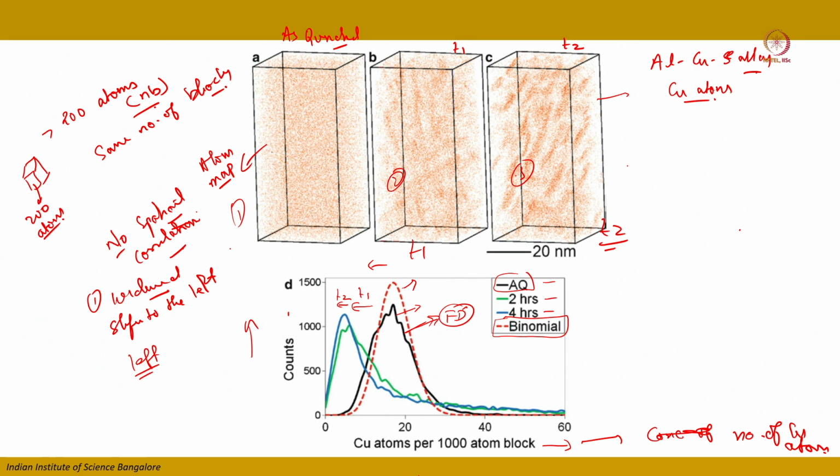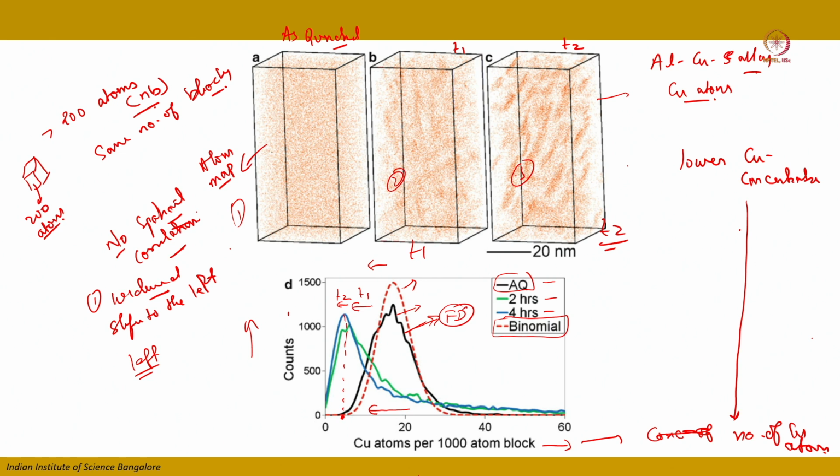It means that it goes towards lower copper concentration. As I told you, the x-axis shows copper atoms per 1000 block. As time progresses the peak shifts towards the left, which means this peak appears at a lower copper concentration.